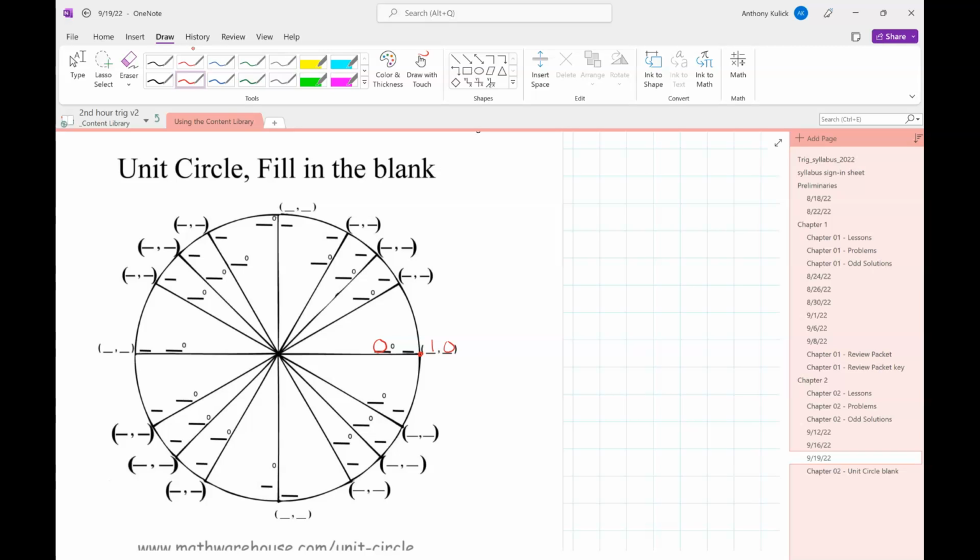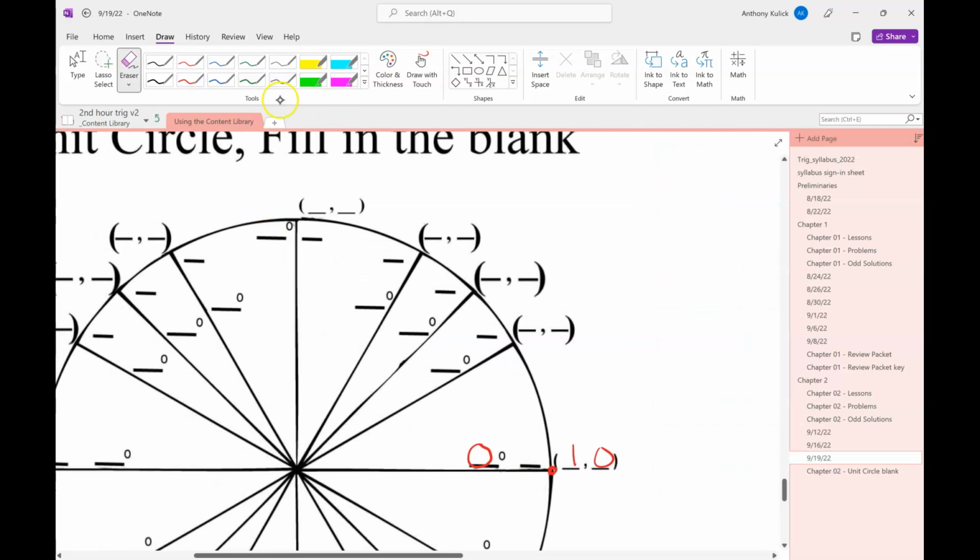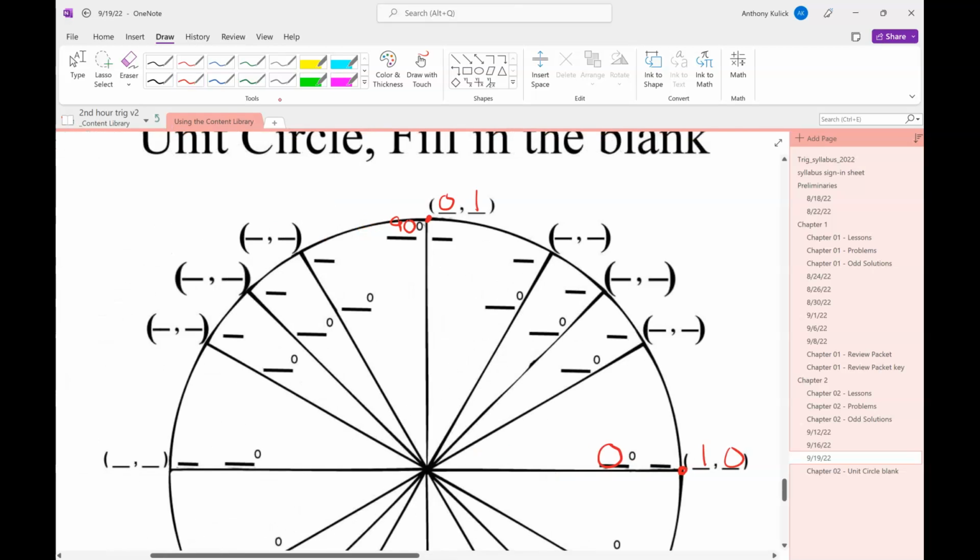Let's go to this 90 degree angle. So our point P would lie there, 1 unit up the y-axis, 1 unit away from the origin. The coordinate there would be (0, 1), very good.